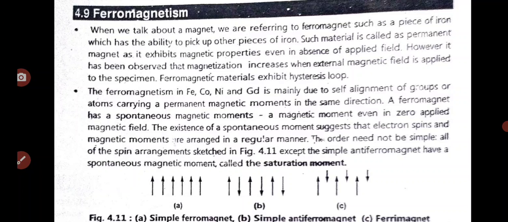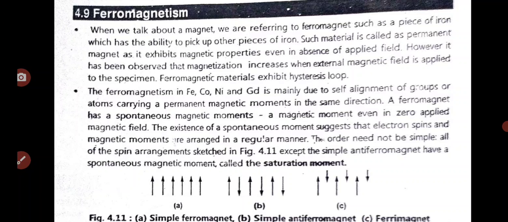That means a ferromagnetic material can attract iron pieces. Such a material is known as a ferromagnetic material, and we consider it a permanent magnet, as it exhibits magnetic property even in the absence of the applied field.